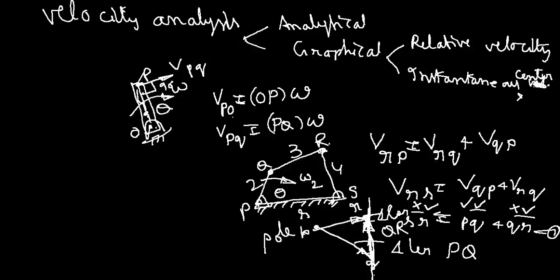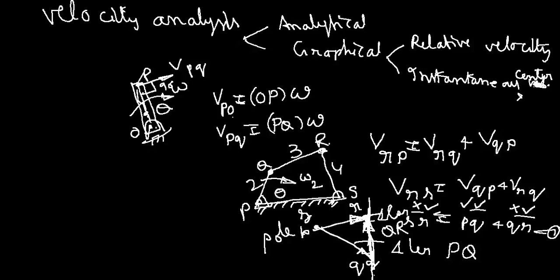This is the velocity image of this 4-bar mechanism. This small sr represents the velocity of point R with respect to S. It is also called the absolute velocity of point R. If you take qr, this qr represents the velocity of R relative to Q.